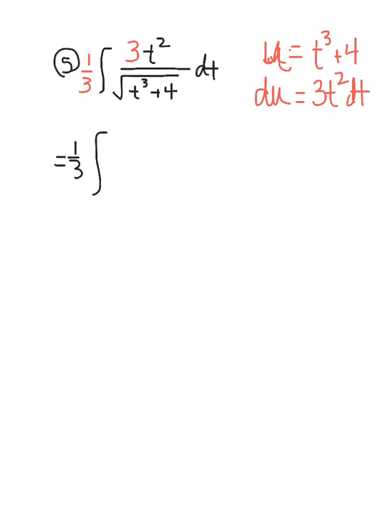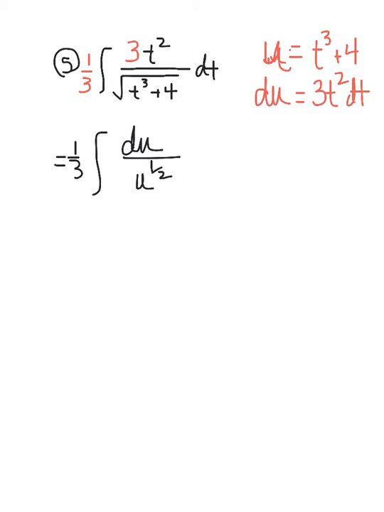Now, let's look at this numerator here. This is really my du. See how this matches that? Okay, so then in the numerator, we're going to write du. And then if you look in the denominator, this is my u, but it's underneath the radical. So I'm just going to change that a little bit, and that's going to be u to the 1/2.